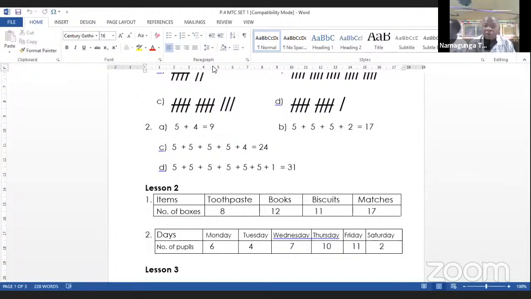And number of pupils. So, for example, Monday we counted 6 pupils, so Monday must have 6. Tuesday, 4. Wednesday, 7. Thursday, 10. Friday, 11. And Saturday, 2.